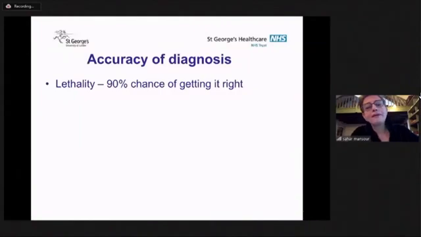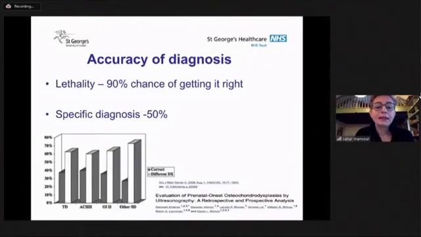So if you have a fetus that looks like it has a lethal skeletal dysplasia because the chest is small and the long bones are very short, there was a beautiful paper many years ago showing that you have a 90% chance of getting it right. So you're very, very good at detecting whether a condition is lethal or non-lethal.